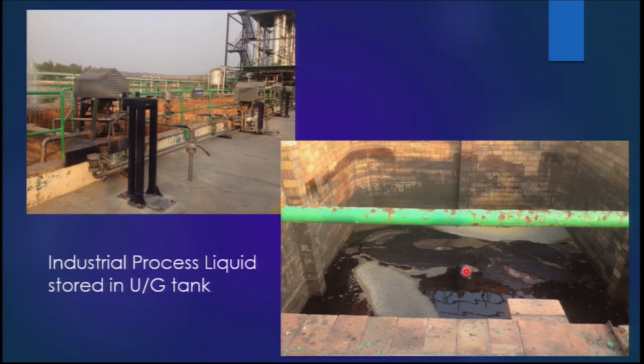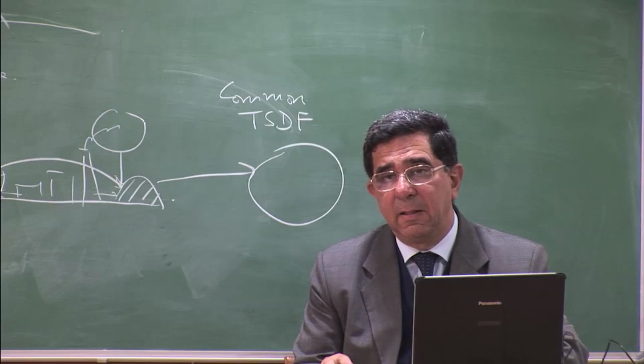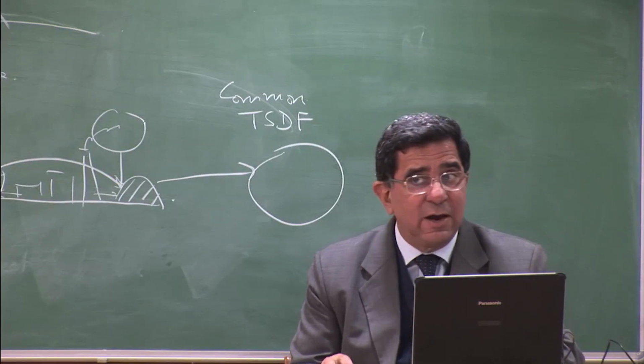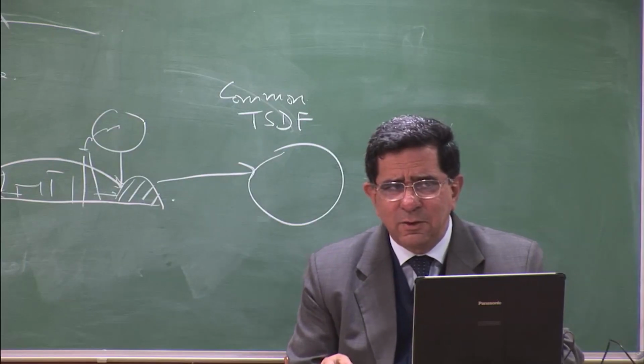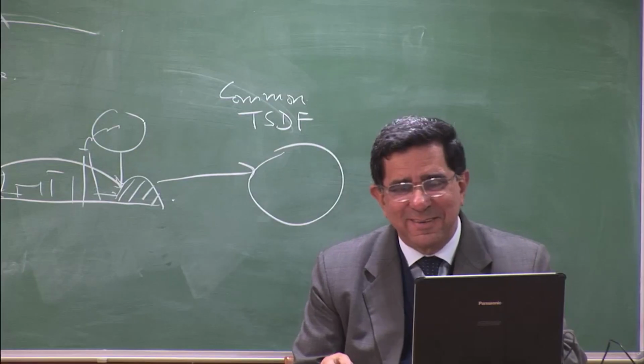And when this happens, you may have a situation like this. This is a groundwater well, and it's got black water in it because the water has leached from a wastewater pond or from a sludge and reached this well. With municipal solid waste, you saw the kind of leachate, it looks black. So the learning is that we have a lot of black liquid around.